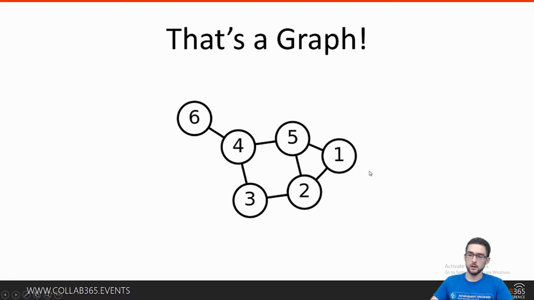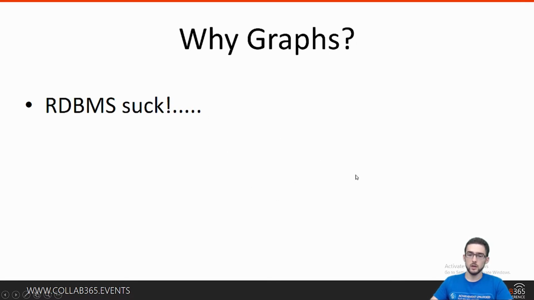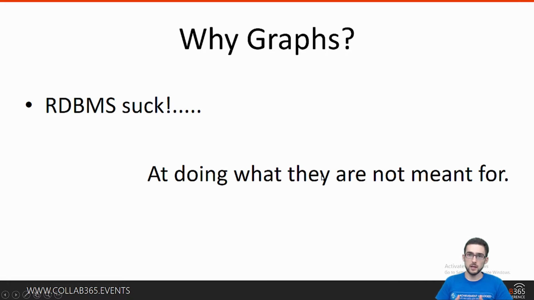And why is everybody currently investing in graph databases, graph APIs, graph theory and so on? Well, everybody came to a realization lately that RDBMSs, the relational database management systems, are not very good at doing things that they are not meant to do. Basically, at the beginning, RDBMSs were meant to store form data, so very structured data, but they are not meant to store connected or related data.